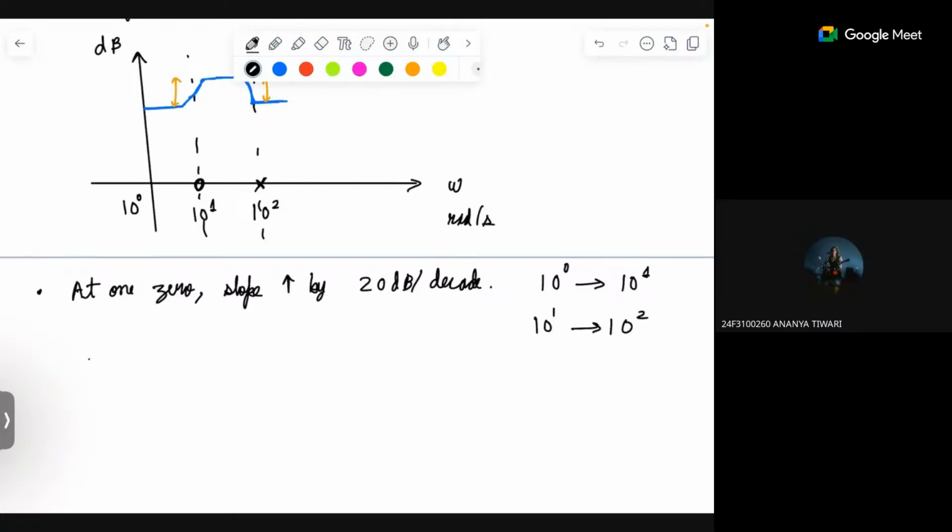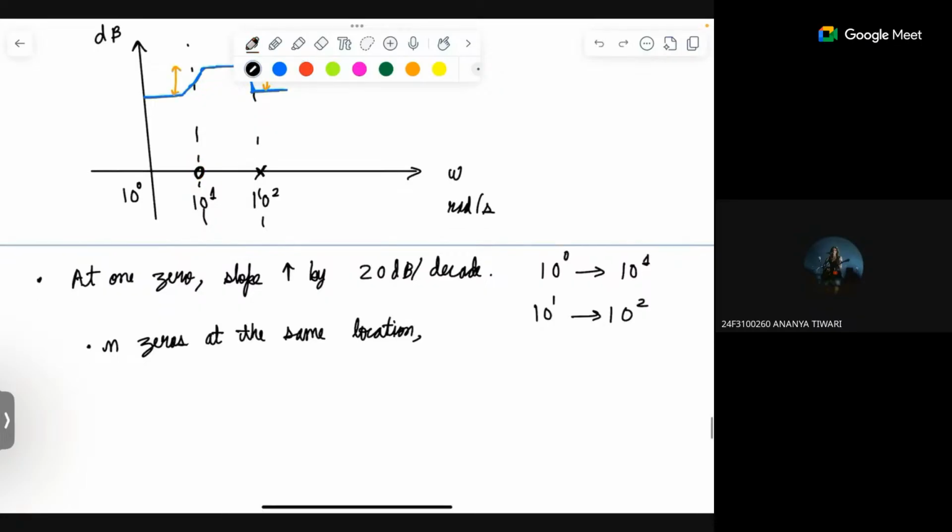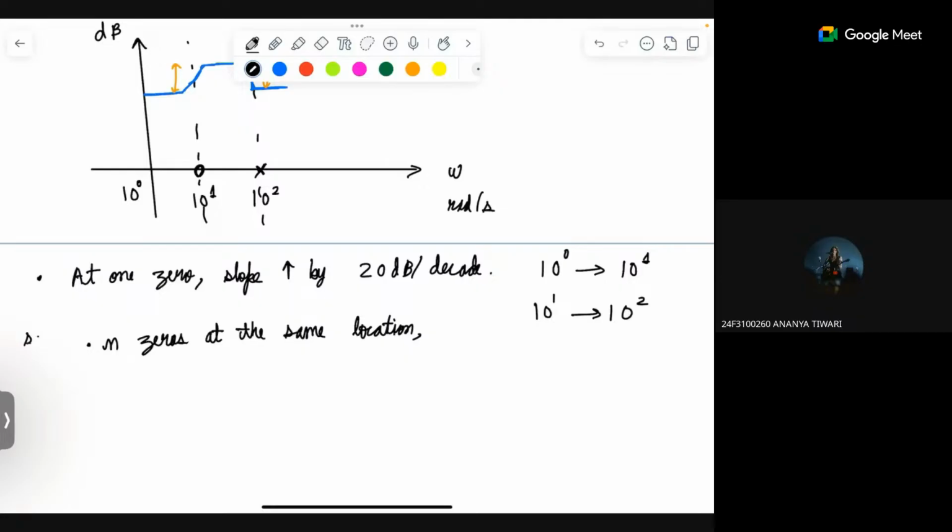Now similarly, if I have n zeros at the same location, like here instead of one I had two or maybe three zeros, in the transfer function it will correspond to this. So how many zeros will I have? Three, right?